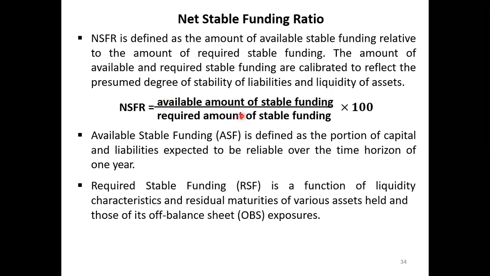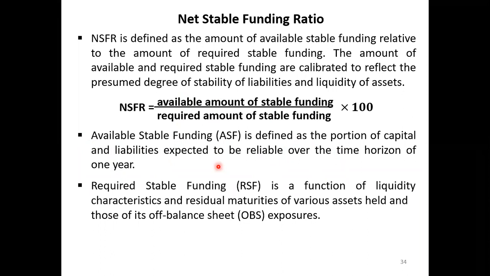Here, the available amount of stable funding divided by the required amount of stable funding, times 100. In the numerator, the available amount of stable funding is defined as the portion of capital and liabilities expected to be realized over the time horizon of 1 year.